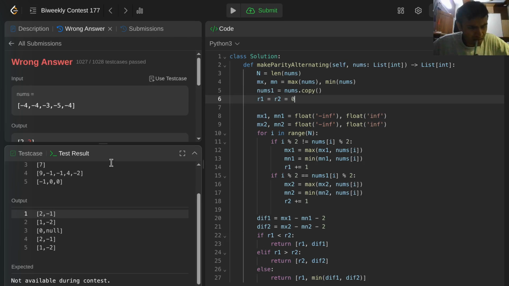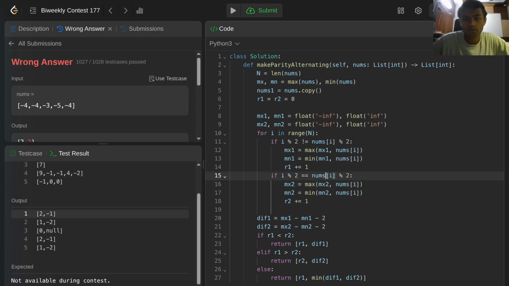Null? I mean, wait, what? Wait a second. Max. Oof. What is nums1 here?